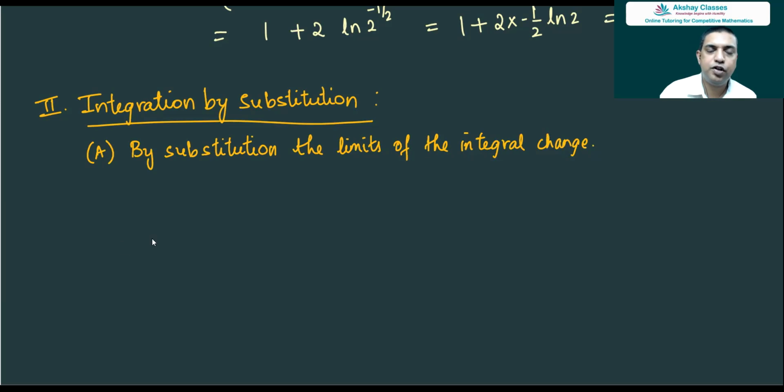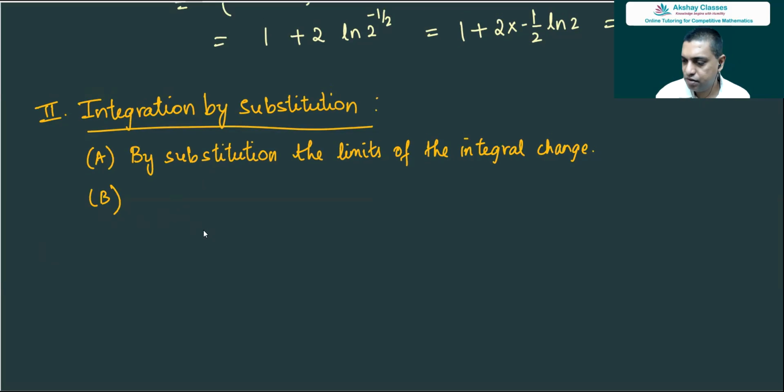Or we should first find the antiderivative by substitution and then substitute back the original variable and find the full antiderivative and then apply limits. Otherwise, the limits will change. Okay, so we will take an example of that.